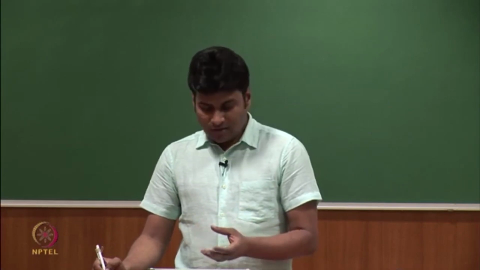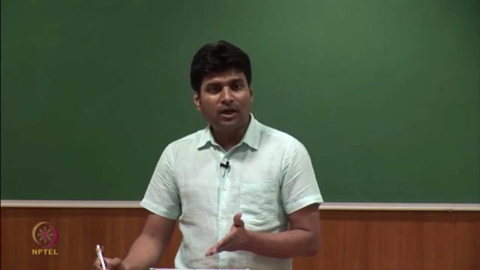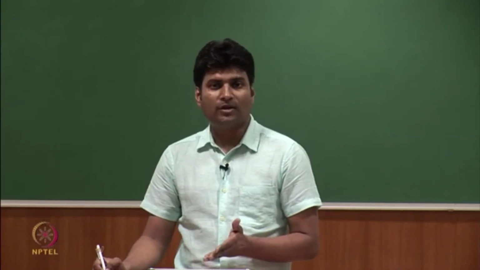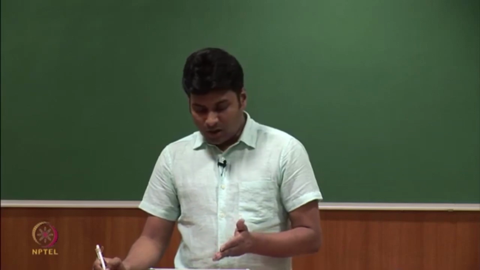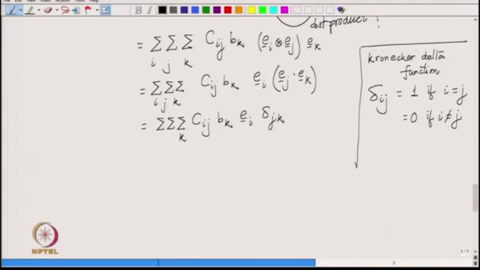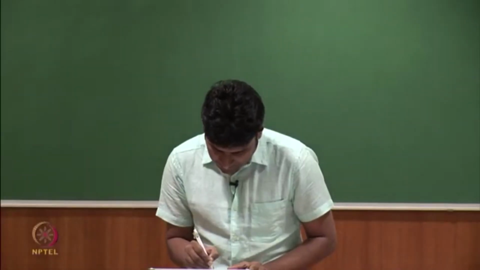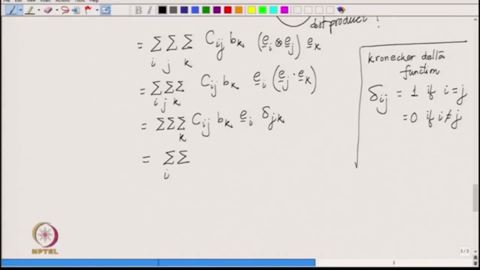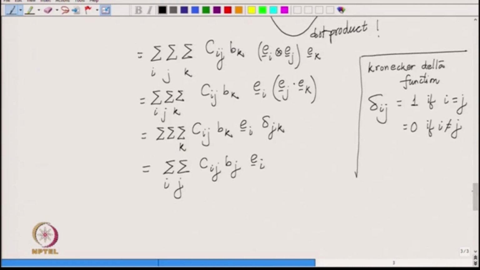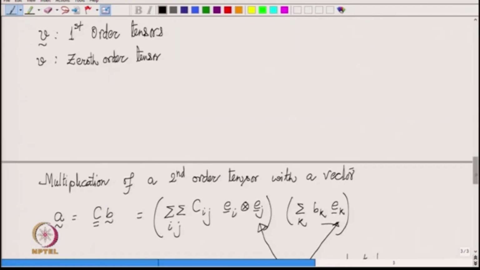So, basically we can get rid of the summation over k, and wherever we have k, we replace it with j. Okay. So, this then becomes summation over i j of C_ij B_j, see k has been replaced with j, times e_i, and that is your vector A, right. To begin with, we said A is equal to C times B, correct.